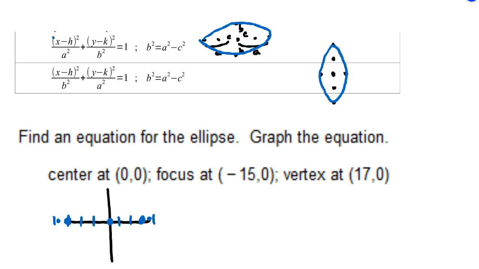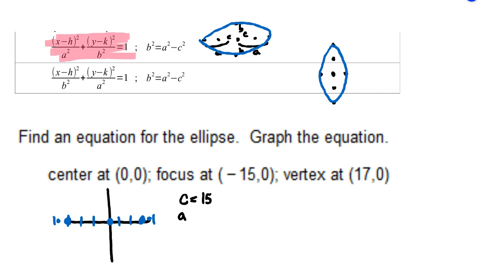And I'm going to use this equation, which has the horizontal orientation. I can also tell what C is. The distance between the center and the focus is C. So since the center is at (0, 0) and the focus is at (-15, 0), I know that C is 15.